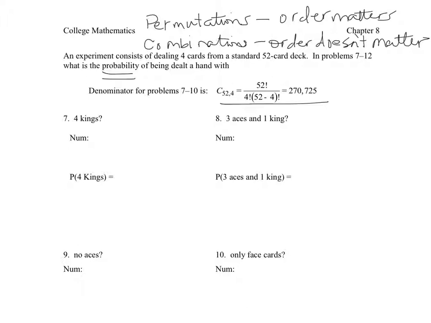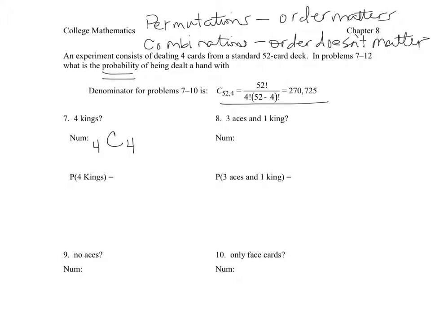If I'm going to get 4 cards and I want them all to be kings, the order doesn't matter. That's a combination. I am choosing from 4 kings in the deck, and I want all 4 kings in my hand. That's a combination of 4 things taken 4 at a time.